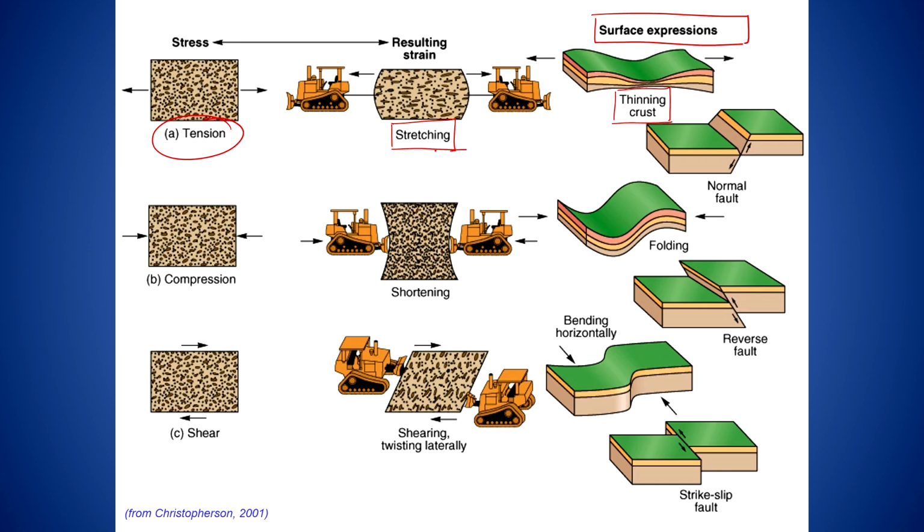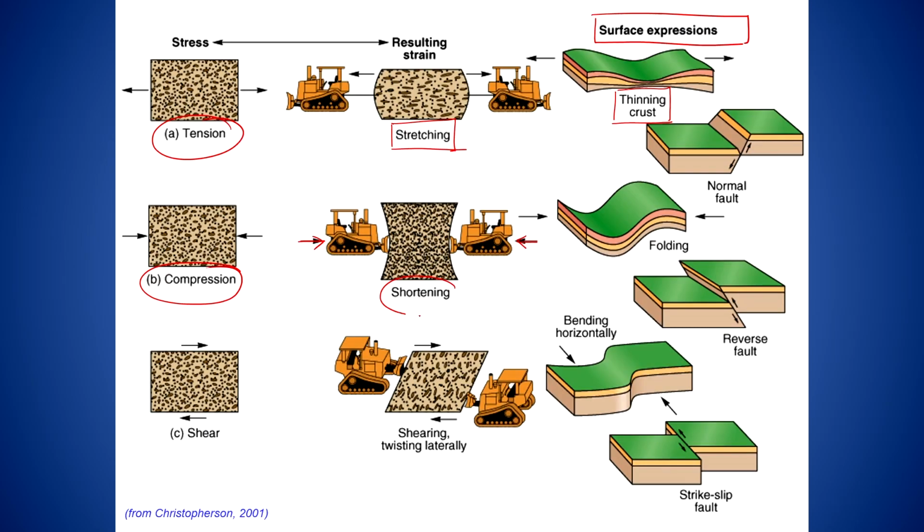Okay. And in another case where we have compressional tectonism, where the compression is going on from both sides, you will see a shortening of the crust. And with shortening of the crust, at the same time you will see folding of the material.